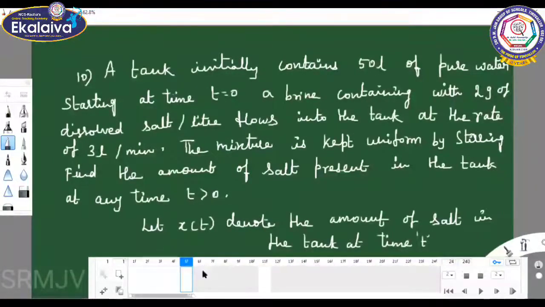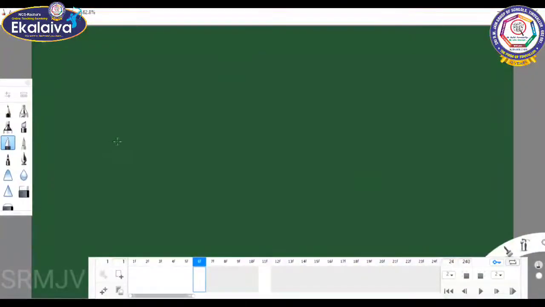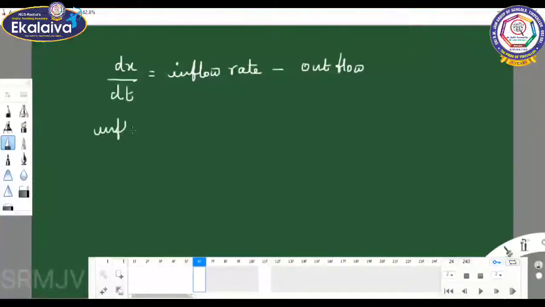So dx by dt, the rate of change of the amount of salt at time t, equal to inflow rate minus outflow rate. What is your inflow rate?